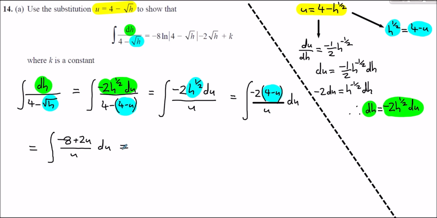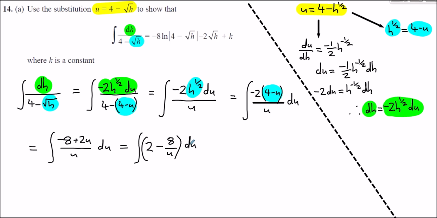So what's going to happen here is 2u divided by u, of course, will just become 2. I'm going to neaten it up first. So I'm going to get 2u over u, which just becomes 2, and then -8 over u. All integrated with respect to u.